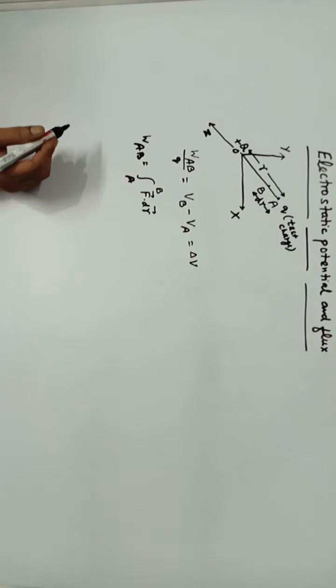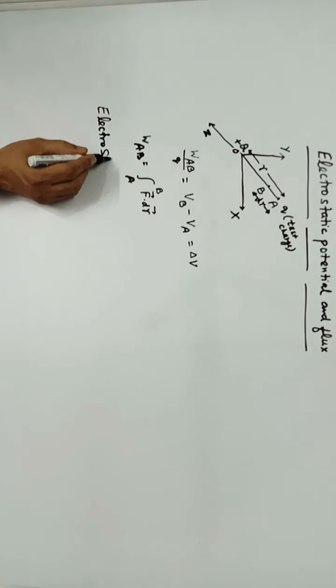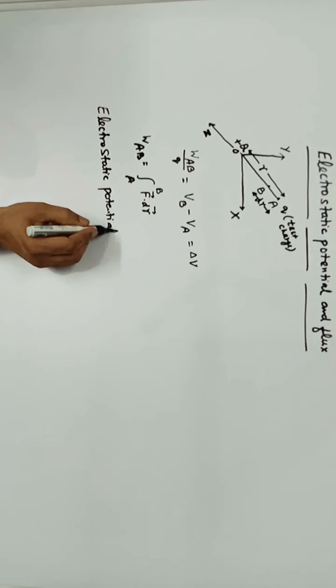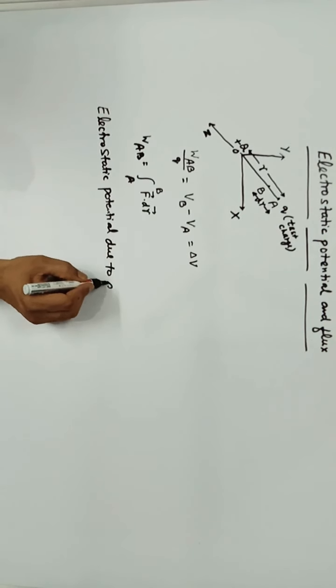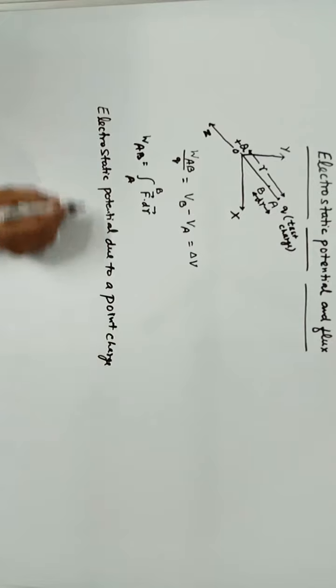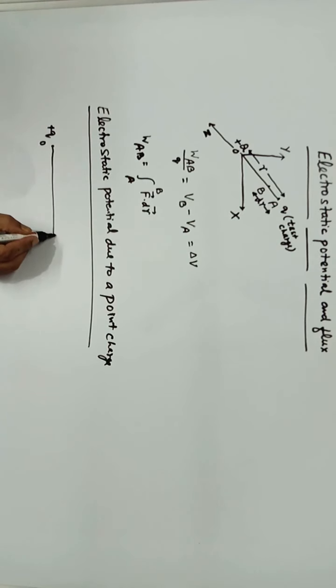Now electrostatic potential due to a point charge. A charge plus q is placed at the point O. There is a point P, distance r from O, where we have to calculate the electrostatic potential.